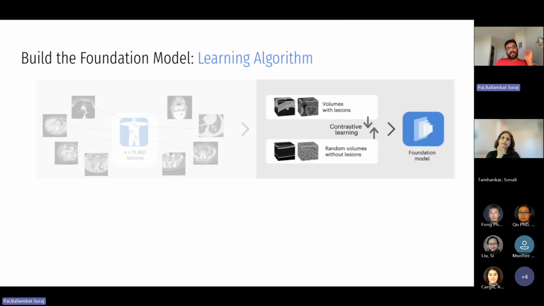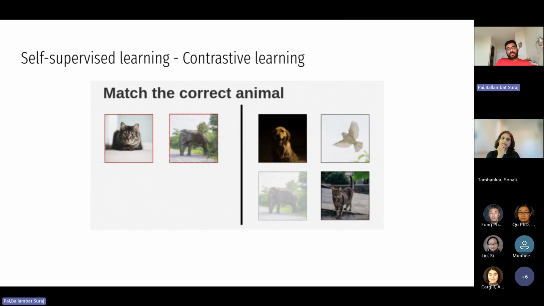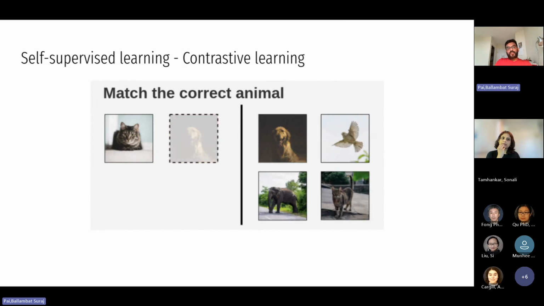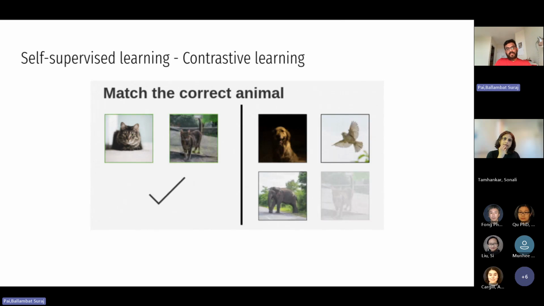So now I'm going to be talking about the learning algorithm that we used here. Before I talk about the specific learning algorithm, I want to talk a bit about contrastive learning in the general image space. I'm not sure if this is familiar to everyone, so maybe it's good to do a general overview.